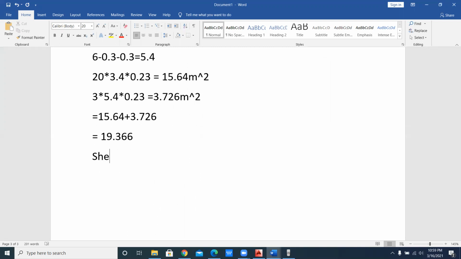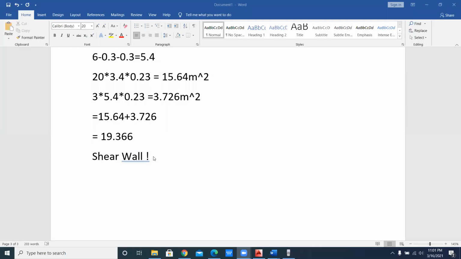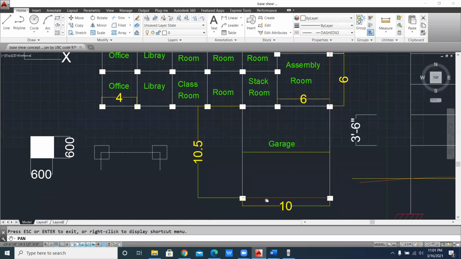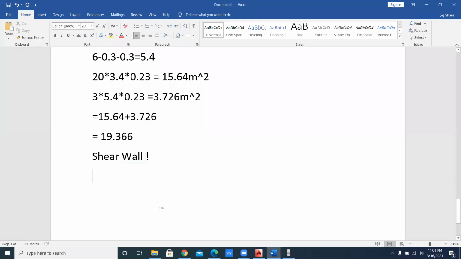Now what about your shear wall? Shear wall calculation. First of all, for calculating the shear wall, you have to say that this beam is normally under where the shear wall is provided. How much shear wall? That is normally 10 minus 0.3 minus 0.3, since the shear wall is at the column.